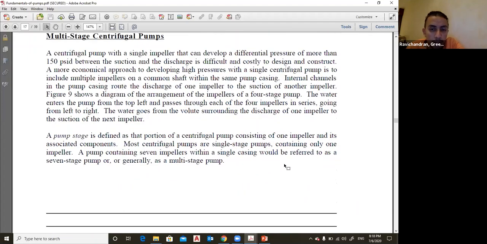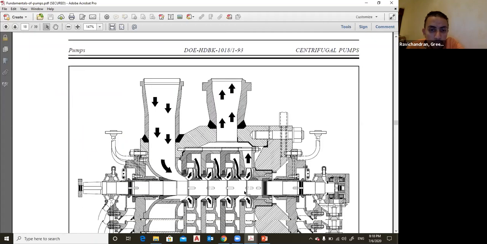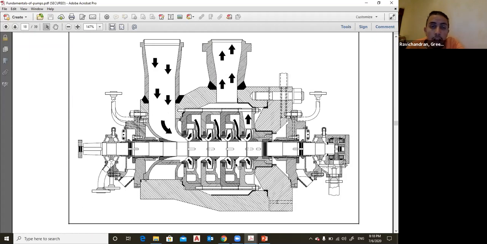Multi-stage centrifugal pump, I will show this to you also. What is the main objective of the multi-stage centrifugal pump? The main function of the centrifugal pump is high discharge and low head. For the multi-stage centrifugal pump, like pumps in series, we don't obtain more discharge.